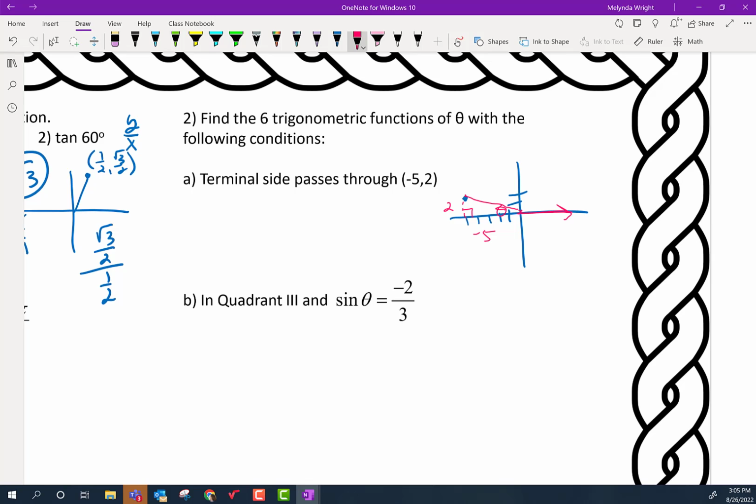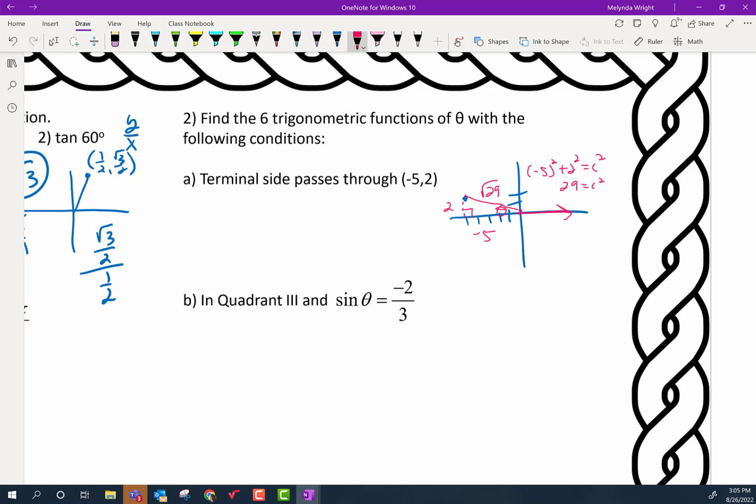So we go back to our geometry days of Pythagorean theorem, and we do negative 5 squared plus 2 squared equals c squared. So 25 and 4, what is that? 29. So this is the square root of 29. By the way, some students get quite confused.